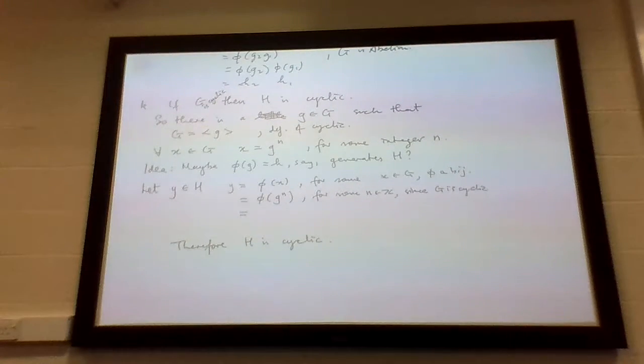By the homomorphism property, this is phi of g times phi of g to the n minus 1. That's just a straight application of this, where a is g, and b is g to the n minus 1. But then you can peel off another g from the n minus 1, splitting g to the n minus 1 into g times g to the n minus 2.